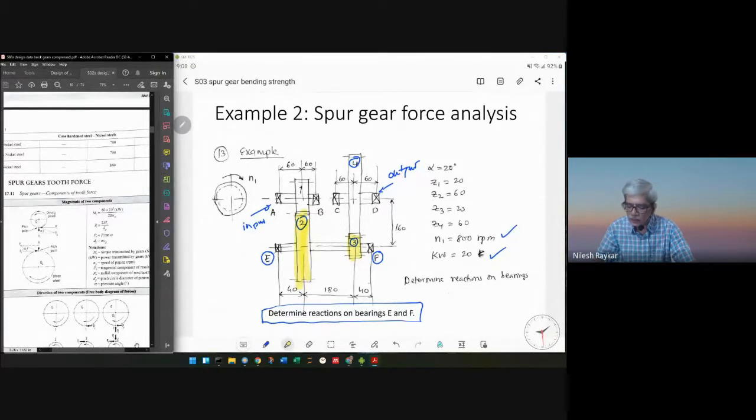In order to calculate the forces acting on gear number 2, which are PR and PT, we should know how much torque is getting transmitted through this gear, and we should know its pitch circle diameter. Now the data given is in terms of pressure angle and the number of teeth on each of the 4 gears. We don't know the pitch circle diameter. So how do you determine the pitch circle diameter? Can anybody tell? Can you guess?